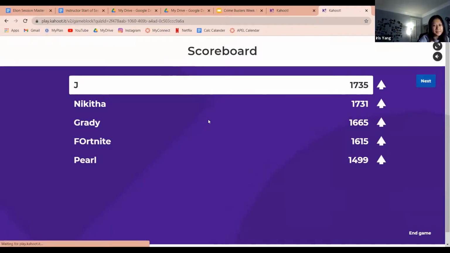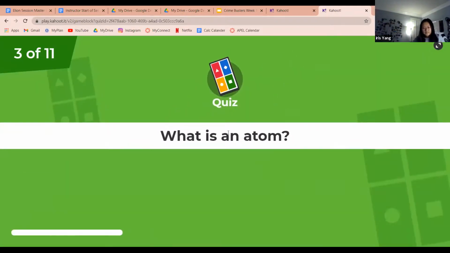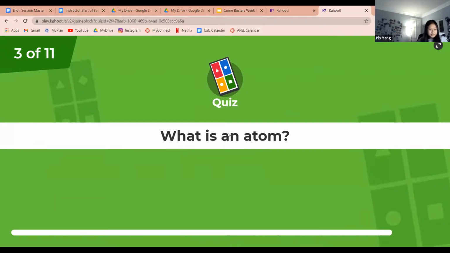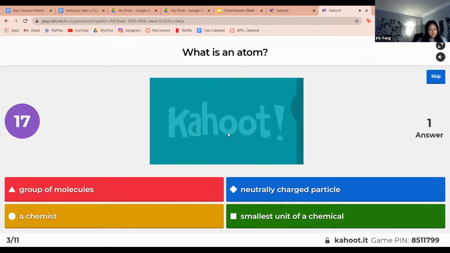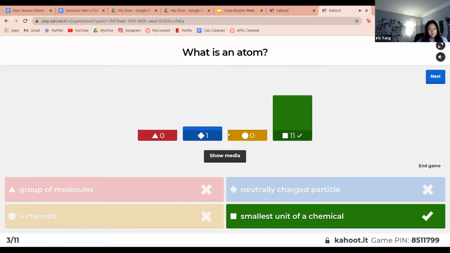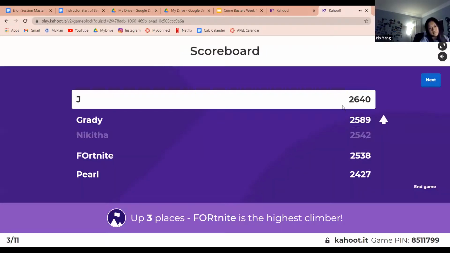Next question. What is an atom? The smallest unit of a chemical is correct. And then they form molecules, right? They're not as small.